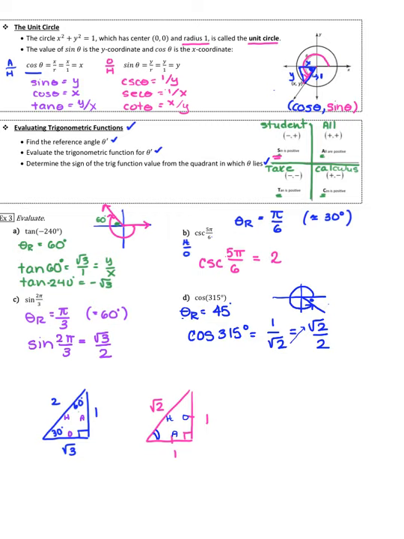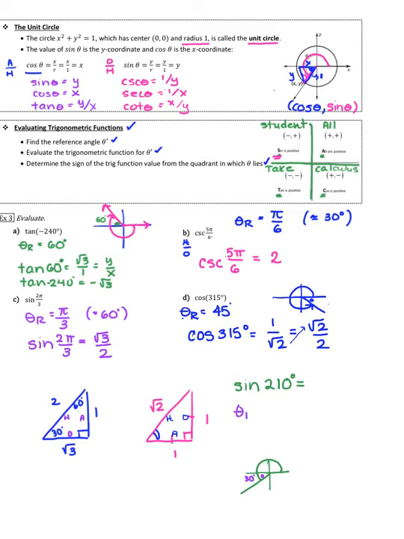I'm going to throw in another example here. Let's say I wanted to know what is the sine of 210 degrees. Well, 210 is in the third quadrant, and it's going to be a 30-degree reference angle because that's the difference between 210 and 180.